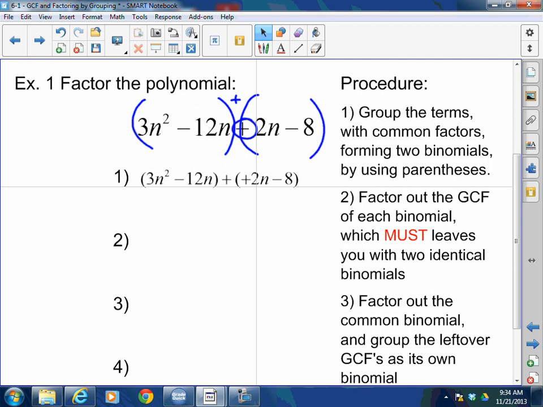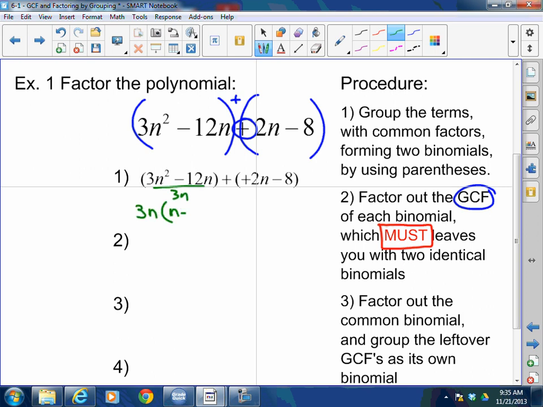Number 2, factor out, see how important the GCF is? Factor out the GCF of each binomial, which must, there is no choice, leave you with 2 identical binomials. So from this one, I can factor out a 3n, giving me 3n times n minus 4.